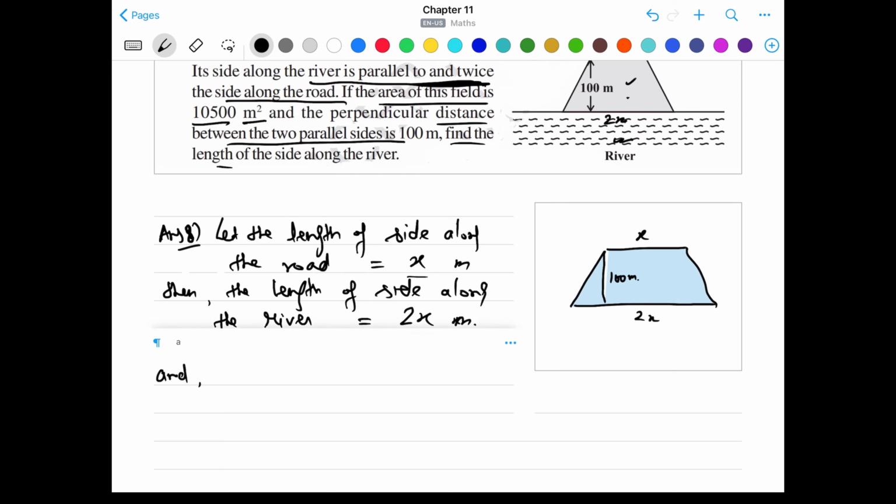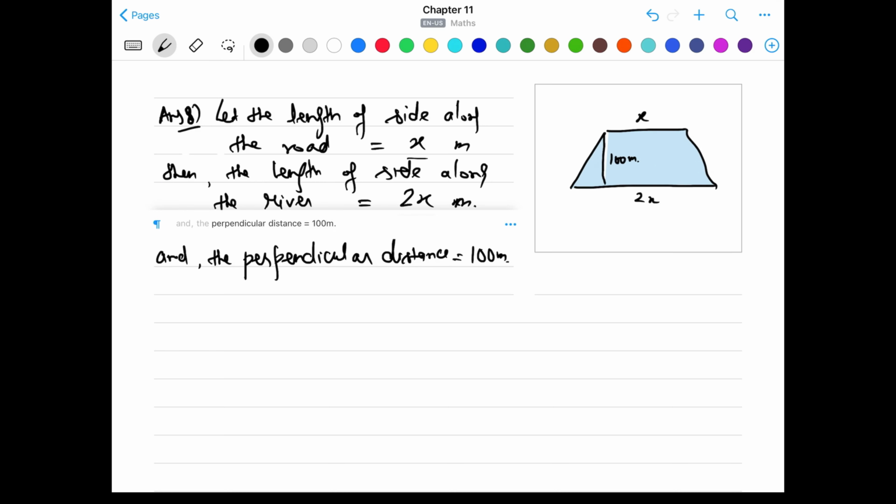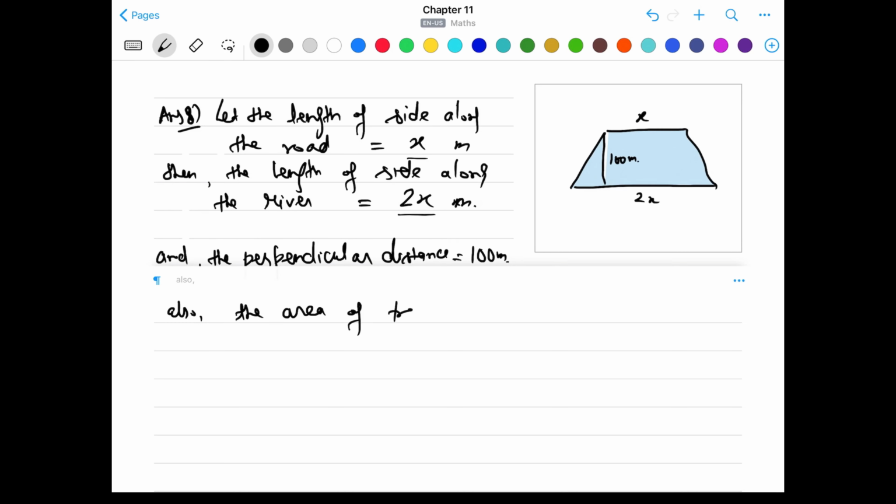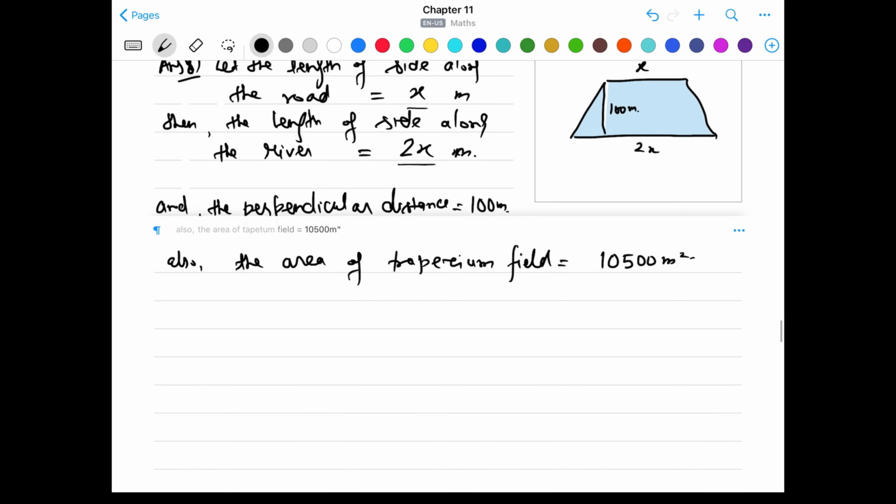Okay, and the perpendicular distance between the two is 100 meter. Also we are given the area of the field. Also, the area of the trapezium field is given as 10,500 meters square.